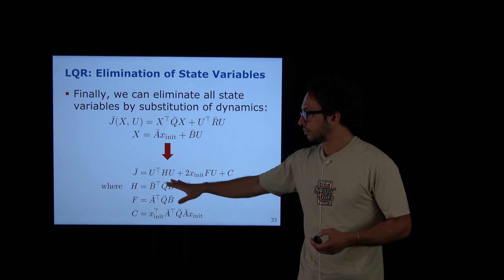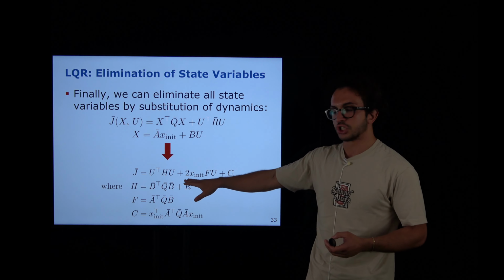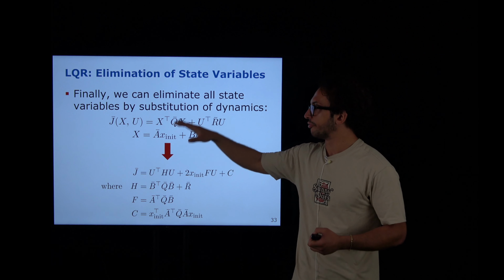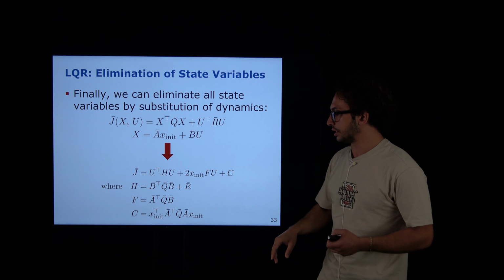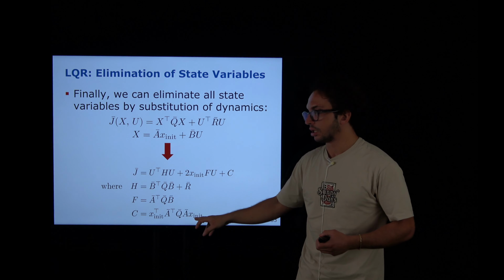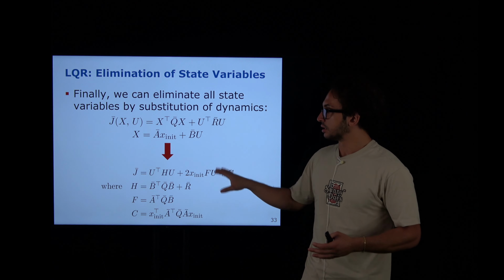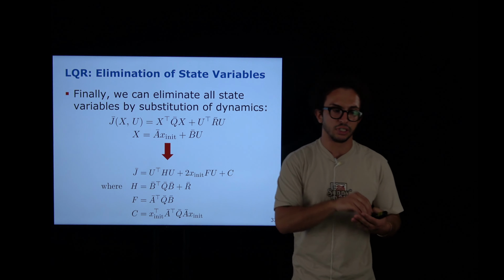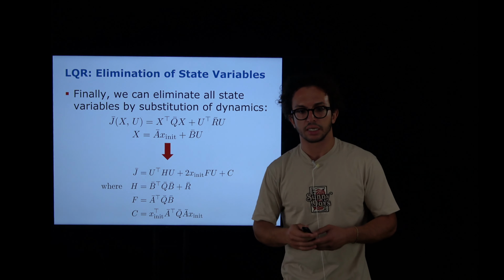These are not constraints, this is just how the matrices look. This is basically just a matter of doing the substitutions in here. You see that this C still depends on the initial state. So there's nothing disappearing. Everything is either in terms of the input or in terms of the initial state.